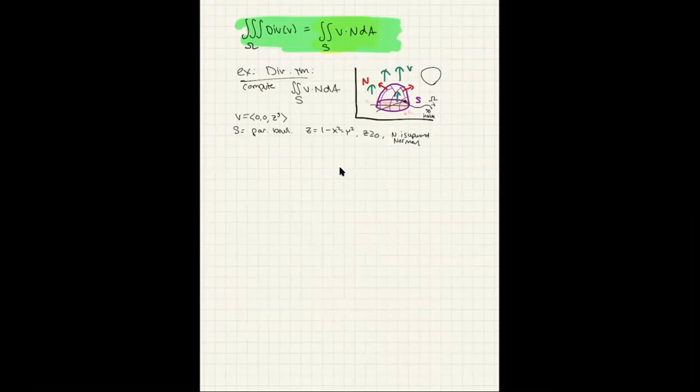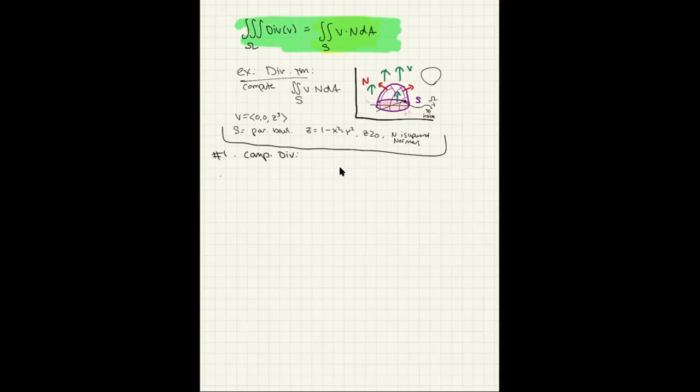So now I'm just going to compute the left-hand side. The left-hand side is going to be doable, and we don't have to do all the crazy parameterization. So first, what we've got to do is compute the divergence, but that's not so bad. Remember, you take an x derivative of the x component plus y derivative of the y component plus z derivative of the z component.